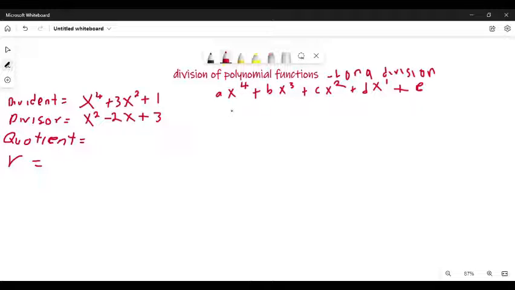So in this case a, b, c, d, e can be any numbers from the set of real numbers. Then this x stands for the x variables having the powers of the polynomial.